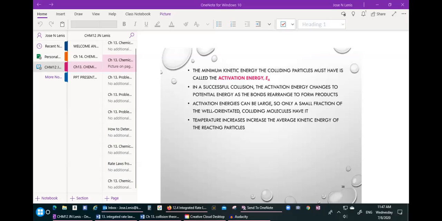If the particles that are colliding don't have the right activation energy, they will not produce a chemical bond, even if they collide with the right orientation.